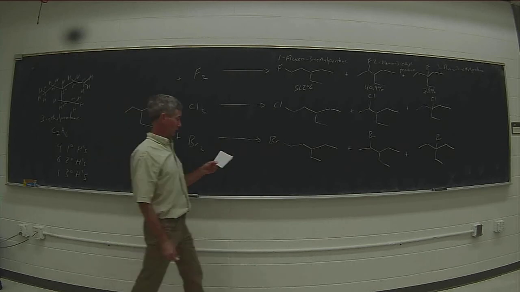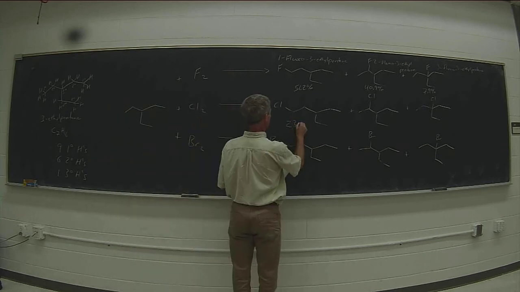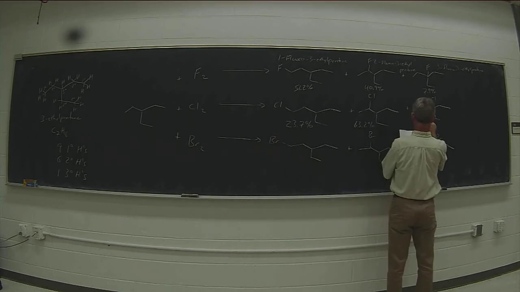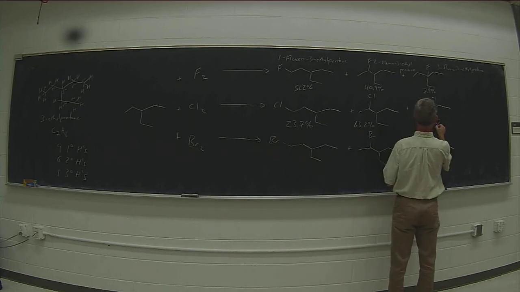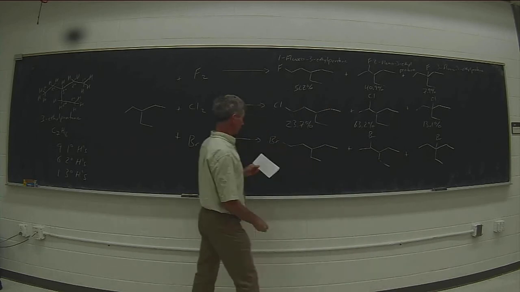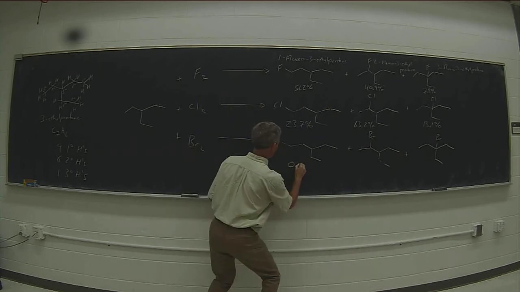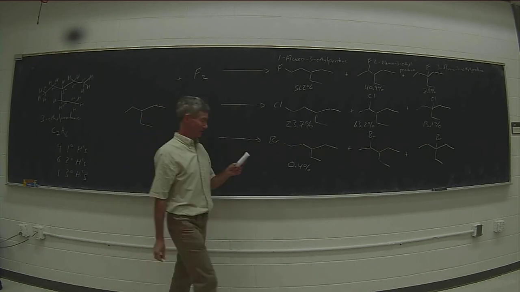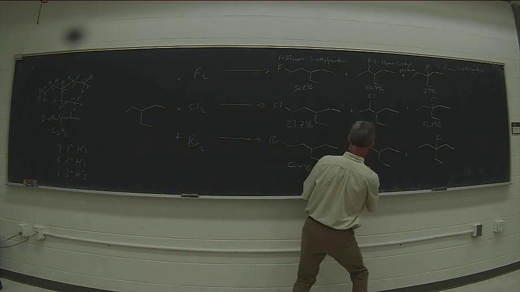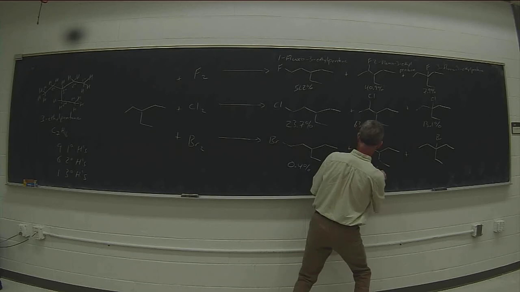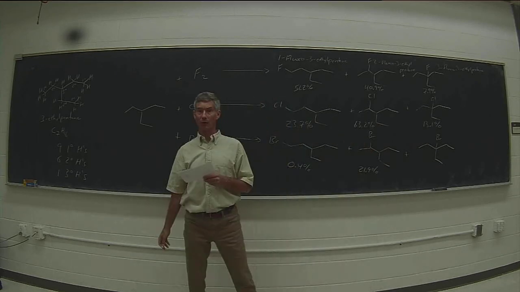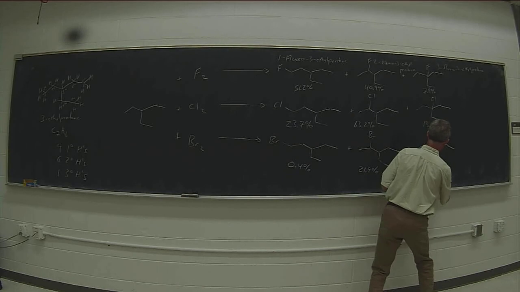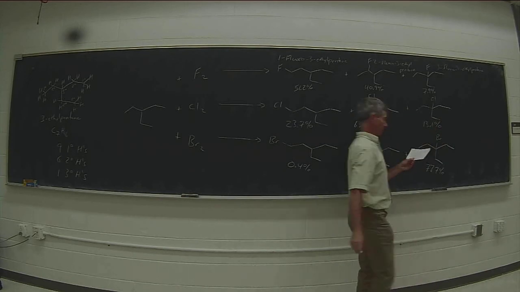For chlorine, those percentages are 23.7% and 13.1% respectively. And for the bromine, 0.4% of the 1-bromo-3-ethylpentane, 21.9% of the 2-bromo-3-ethylpentane, and 77.7% of the 3-bromo-3-ethylpentane.